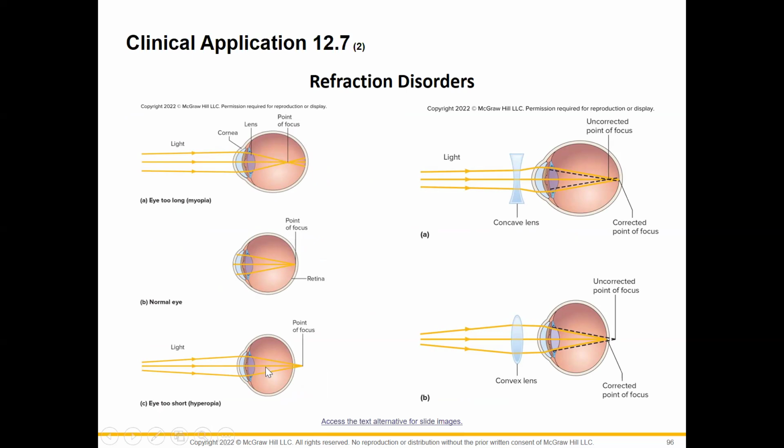With an eye that is too short, the light comes in and the image focuses behind the eye, which also causes the image to be blurry. In a normally shaped eye, the image should come in and focus directly on the retina to produce the clearest image.